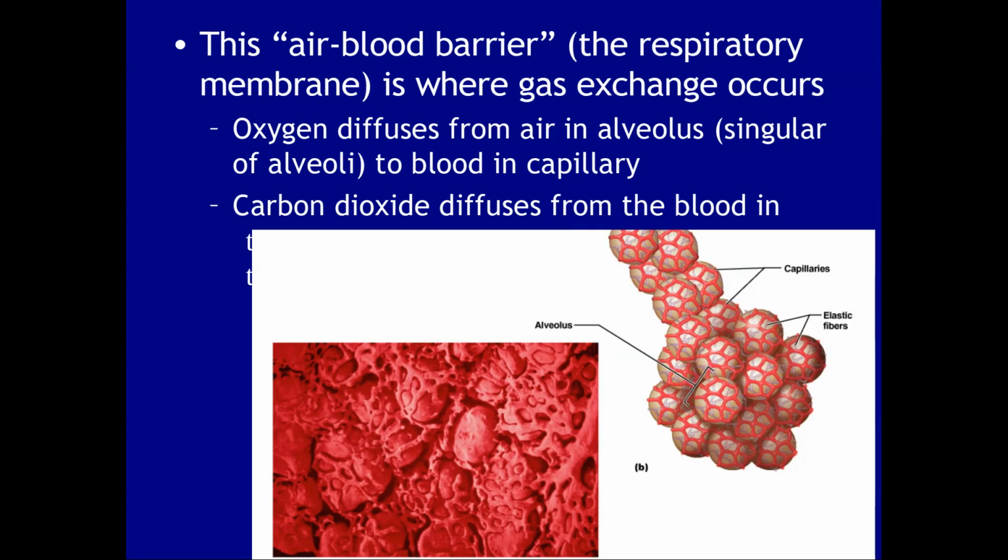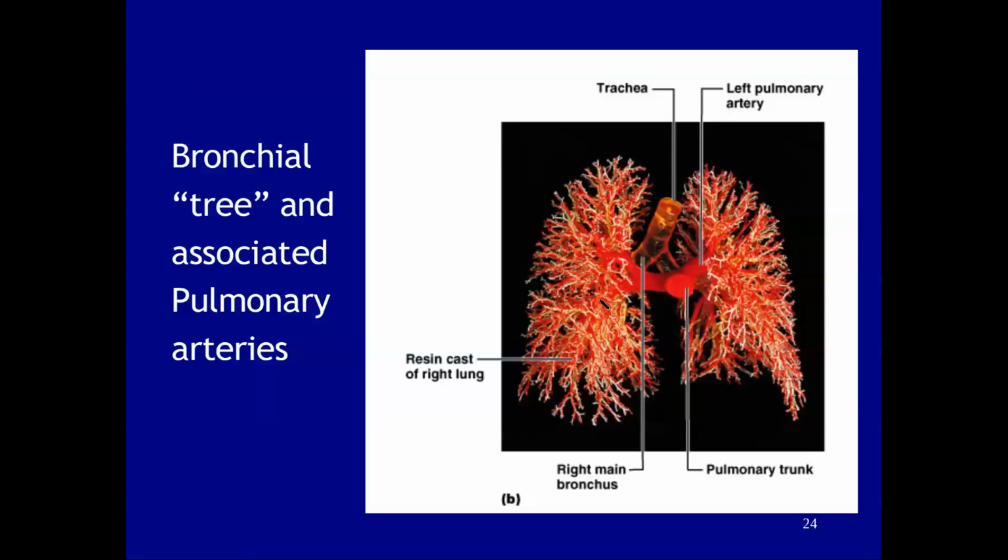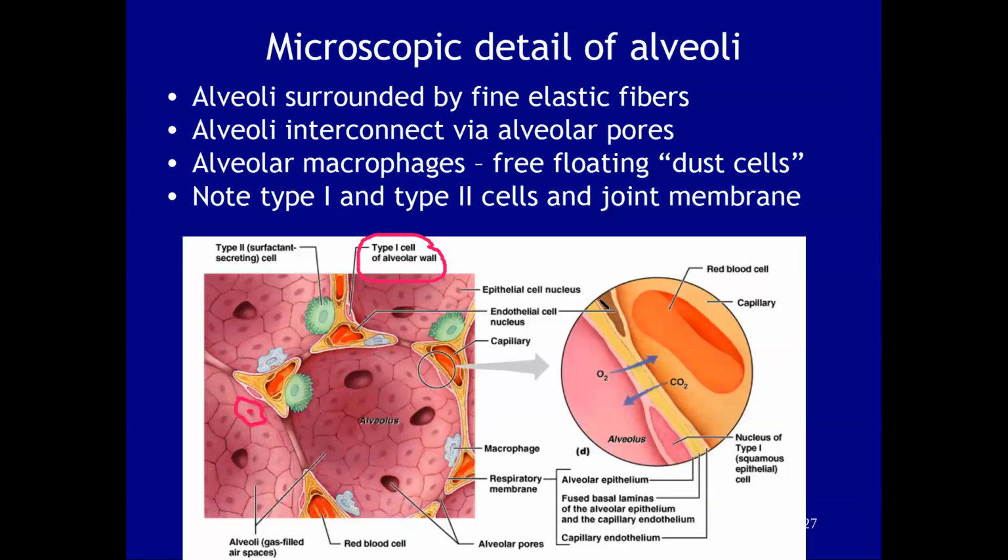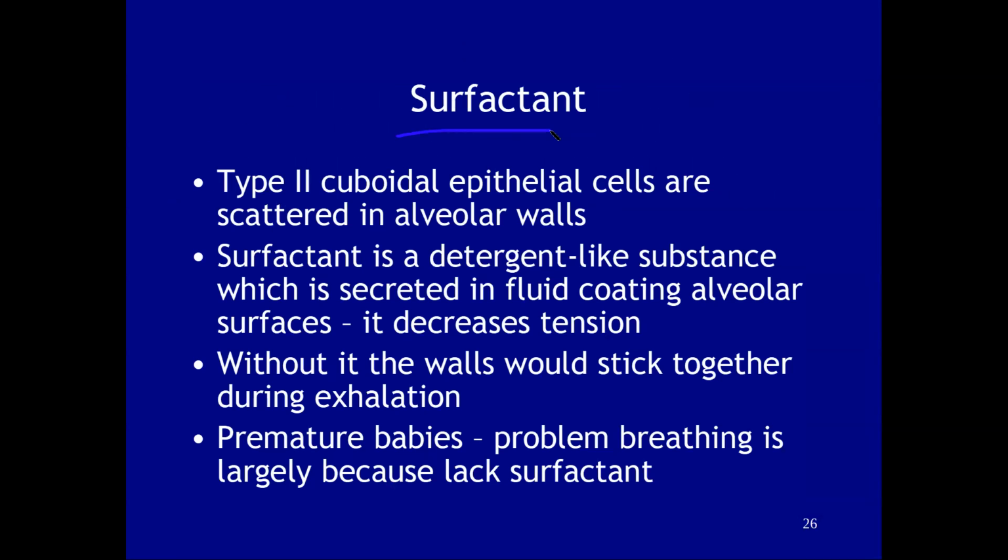Therefore, you cannot get enough air in or push enough air out to sustain the body properly. And that, of course, is why you need the type 2 cells. They make the surfactant, and the surfactant stops the alveoli from sticking to each other. Remember, simple cuboidal cells, type 2.